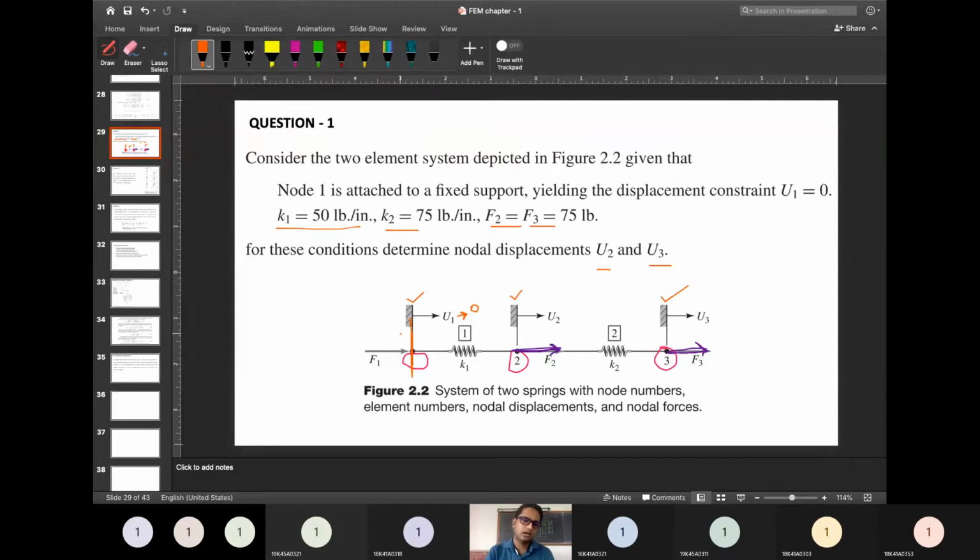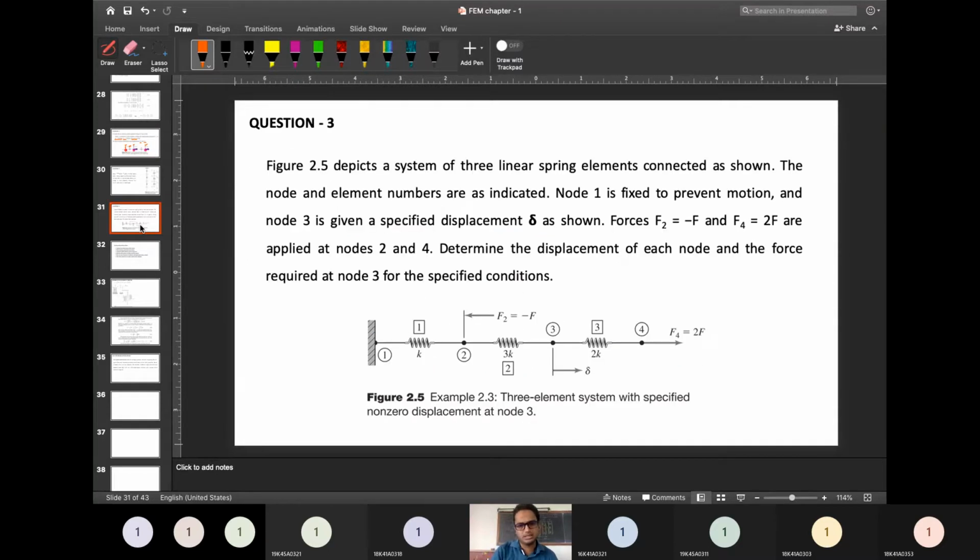So in the same way, numericals will be asked in your examination. One more problem you can see here: they have applied the load in the opposite direction. In question number 3, the load is applied in the opposite direction, so a negative value is written over here. At node number 2, F2 equals minus F. And here some displacement, delta, is applied at node number 3.